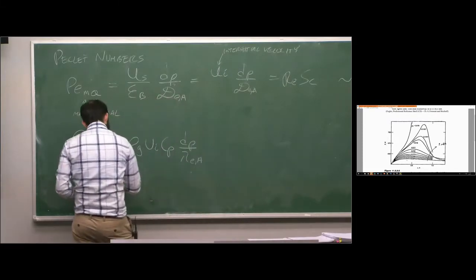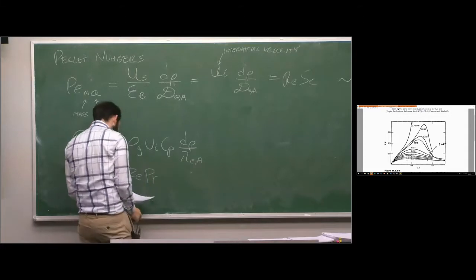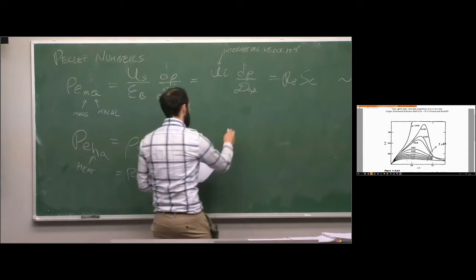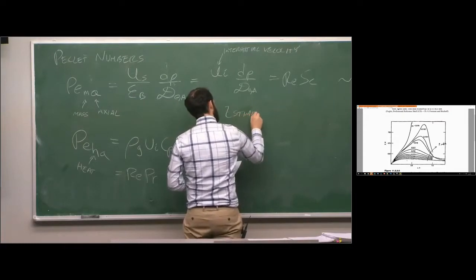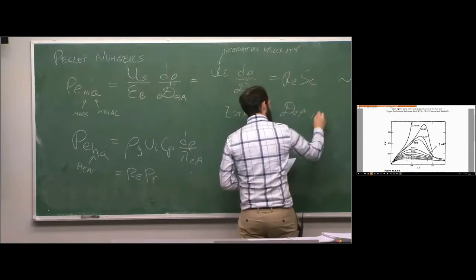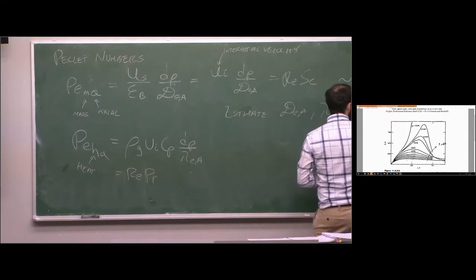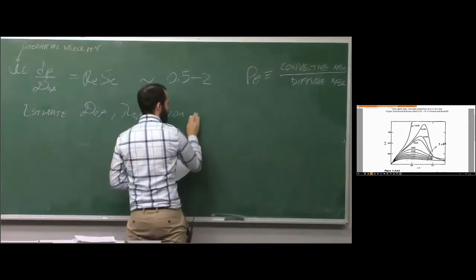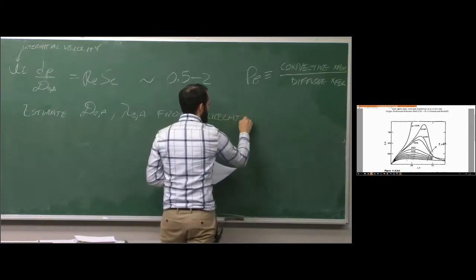That is the Reynolds times the Prandtl number. All right, so the sequence is to estimate the effective diffusivity and the thermal conductivity from correlations. Sorry, I answered your question a little bit incorrectly.